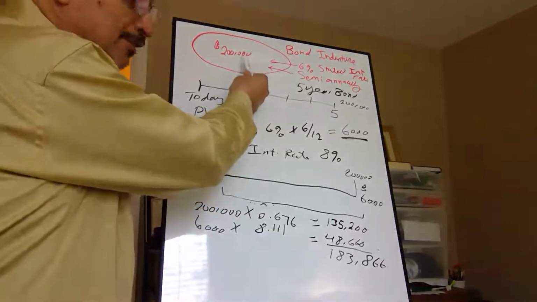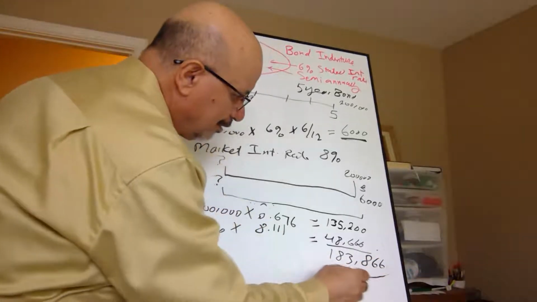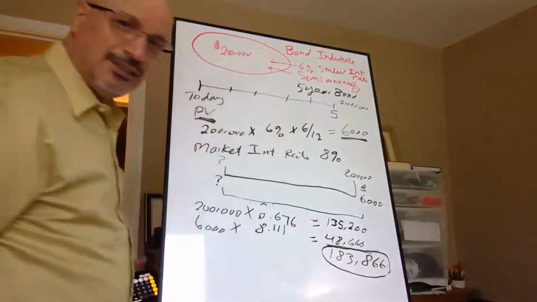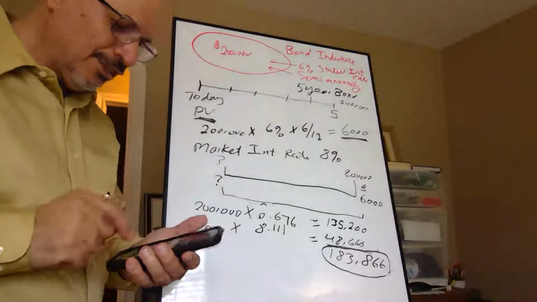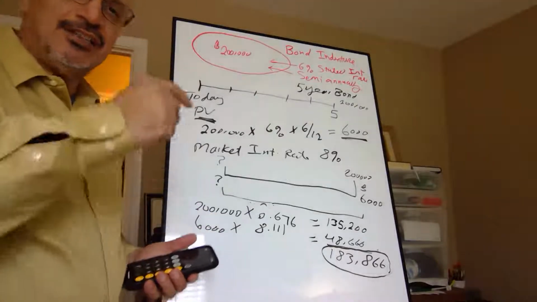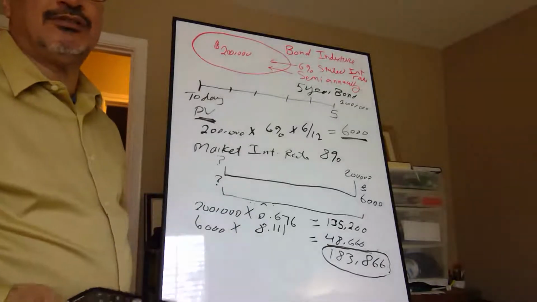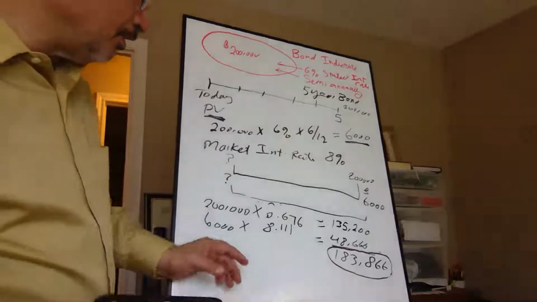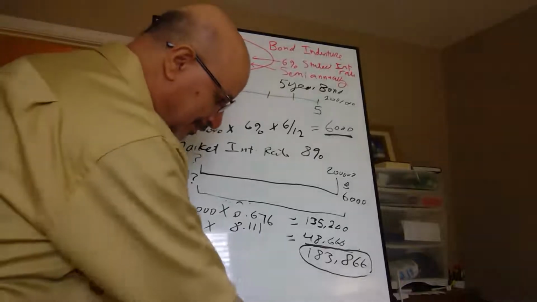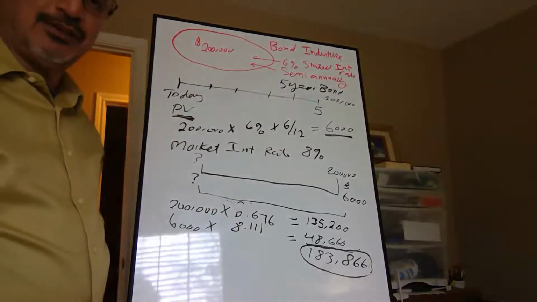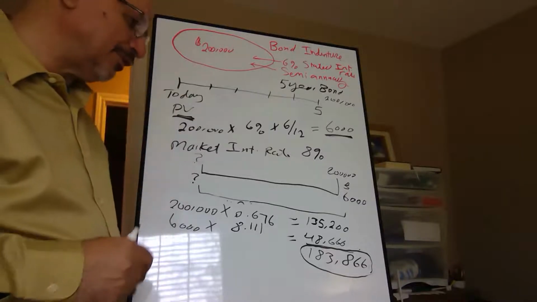The face value is 200,000, and we are getting 183,866. Is that logical? Yes, because the market rate is higher than our contractual rate. Therefore we have to cut down on the price of the bond. So in this case, the bond is issued at a discount, because the market interest rate is higher than the stated interest rate.